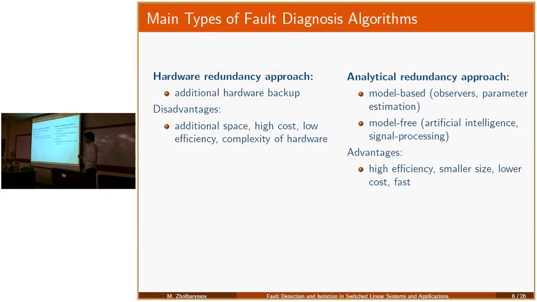Model-based approaches often use observers or parameter estimation from control theory, and most of them have been developed for linear time invariant systems, but power electronics, power converters pose implementation constraints for these algorithms.